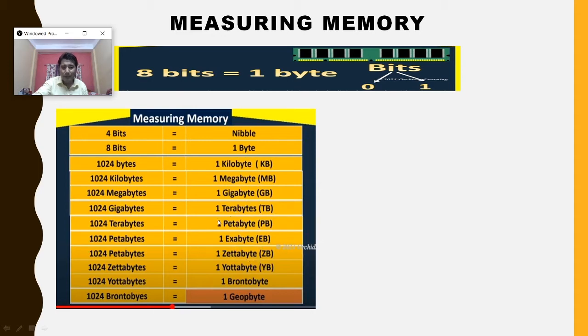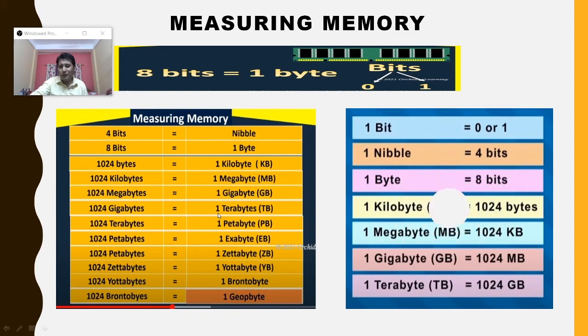The storage capacity of memory goes on and on. You can also see that 1 bit is equal to 0 or 1, as I have already said. 1 nibble is equal to 4 bits, and 8 bits is equal to 1 byte. Similarly, it goes on and on.